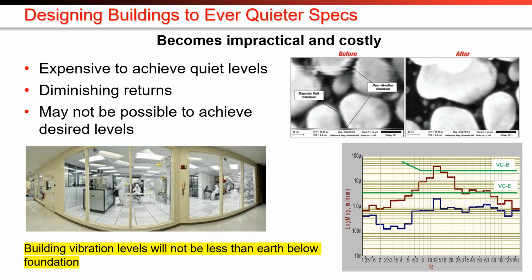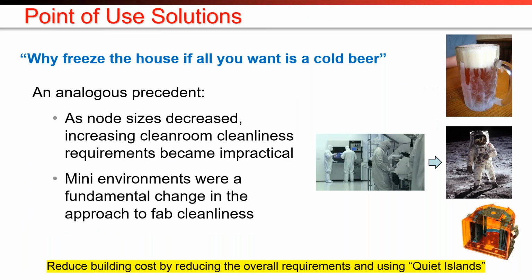So the difference in terms of where you might design a building, say 1 VC curve, you can get down to 4 or even 5 VC lines below that with proper planning on a vibration mitigation plan. So the idea is, why freeze the whole house if all you want is a cold beer?